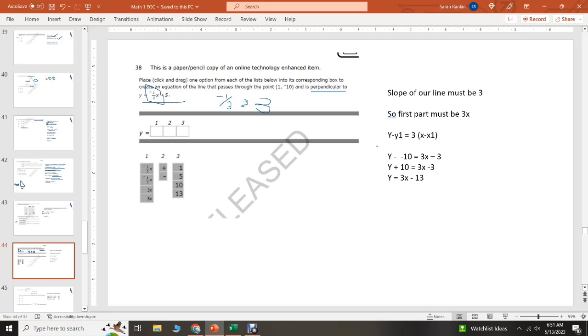Oh, that's pretty ugly. So I'll have 3x in my equation, and then I substitute in the point. I got my point slope. So y minus y1, they tell me the point, my first y is -10, and then my second point is 1, so I distributed the 3, I get 3x minus 3, and then I just solve and put it into y format, so I get y equals 3x minus 13.